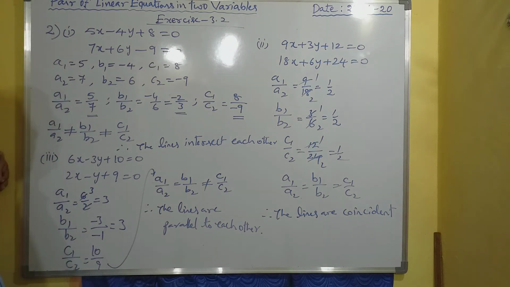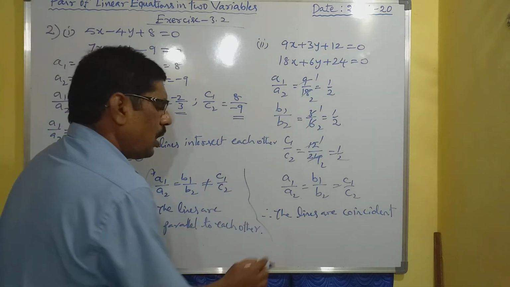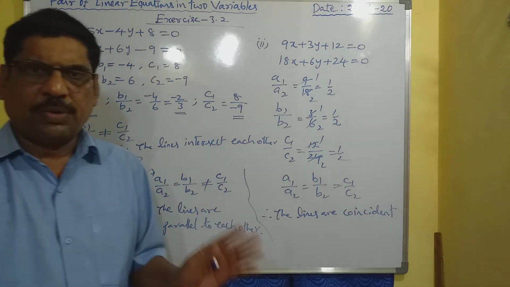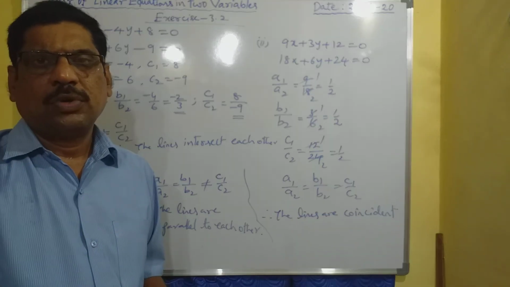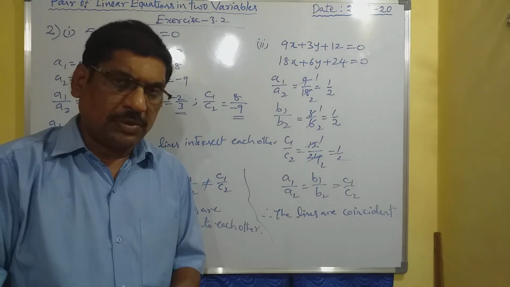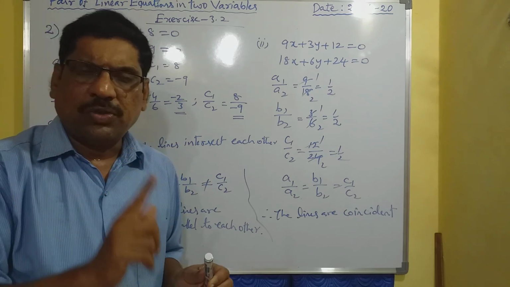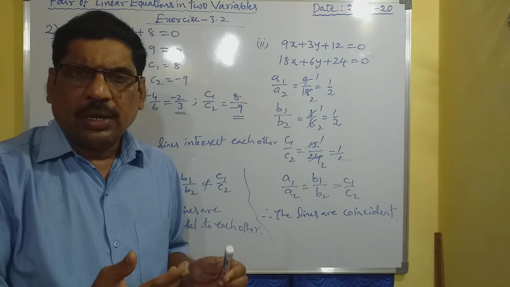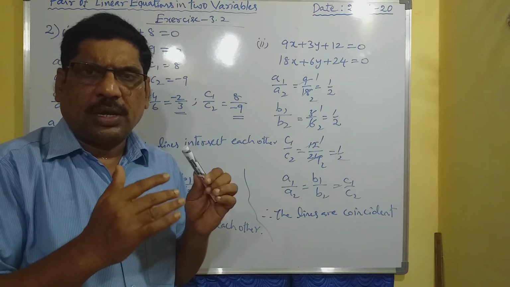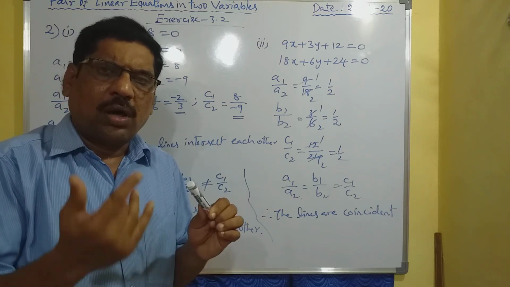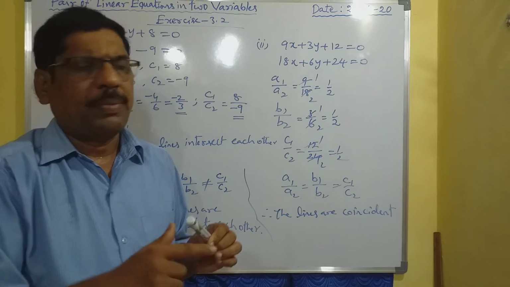Okay, understand? So like this, we have already discussed all these points in the previous classes, the table. Whenever you have a pair of linear equations, by checking the coefficients like A1 by A2, B1 by B2, C1 by C2, we can say whether the given lines intersect, are coincident or are parallel.